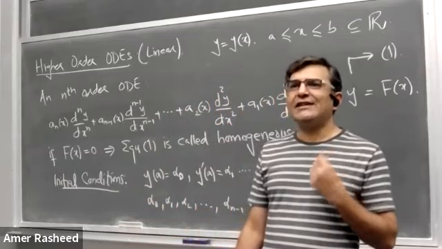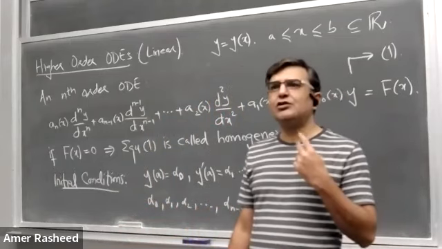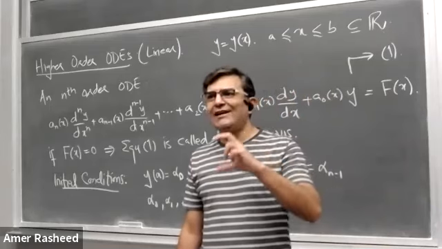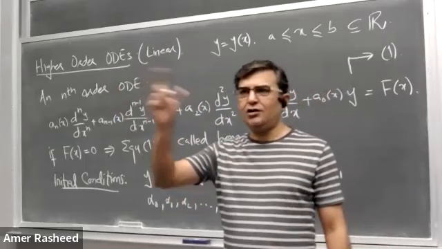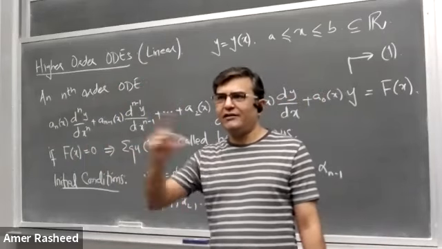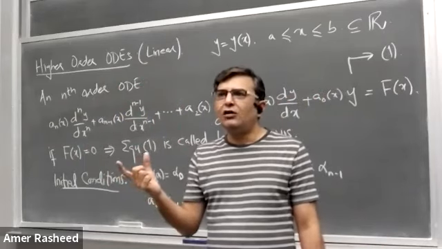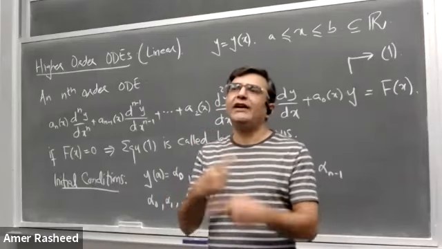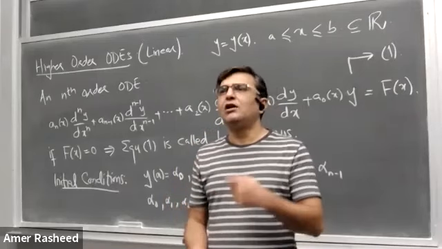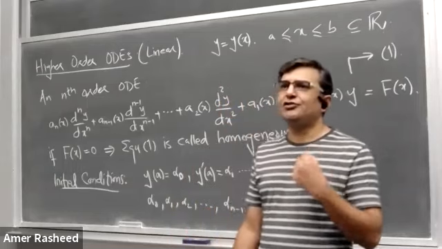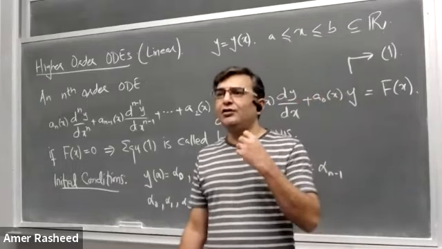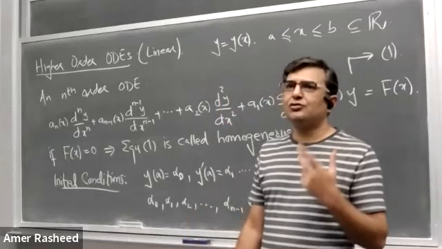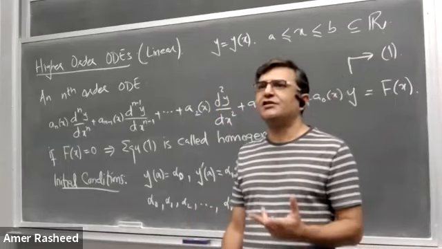If we have a second order initial value problem, we need two initial conditions, because the second order derivative should be integrated two times in order to get y. So the solution of that differential equation involves two integration constants, or two arbitrary constants. In order to find the values of those two constants, we need two initial conditions.